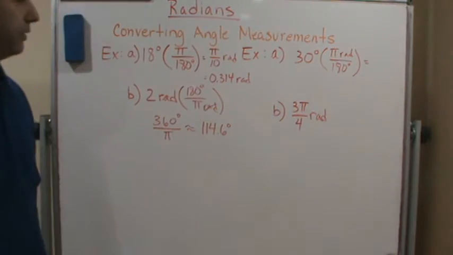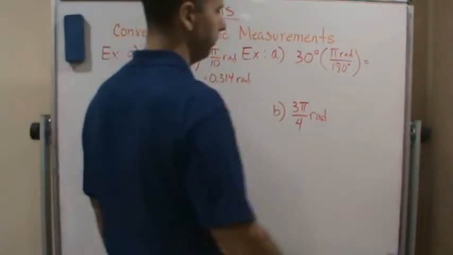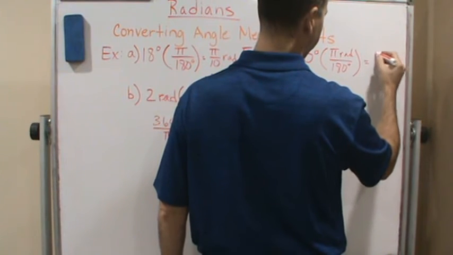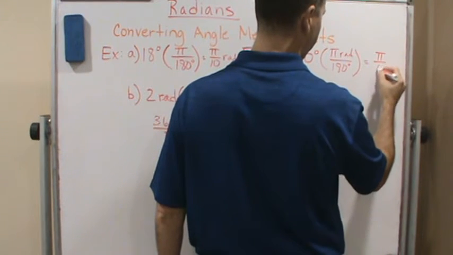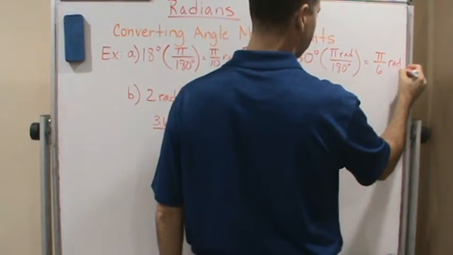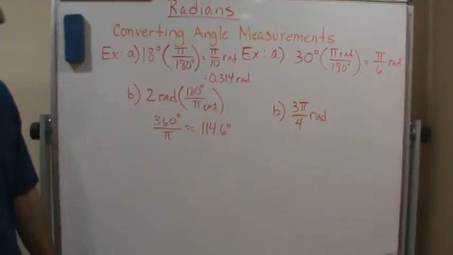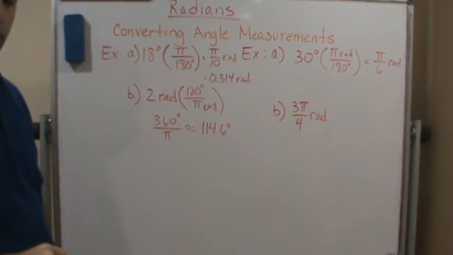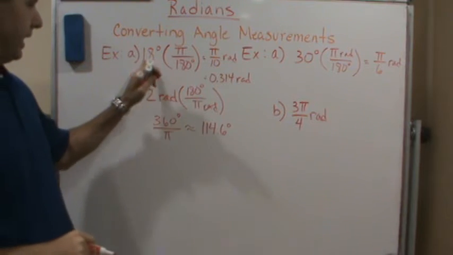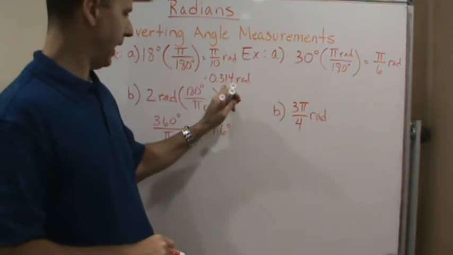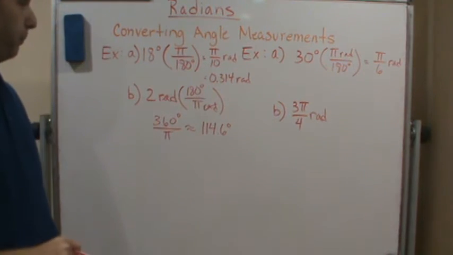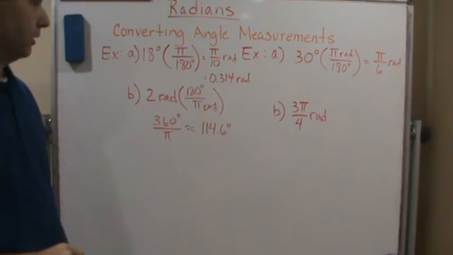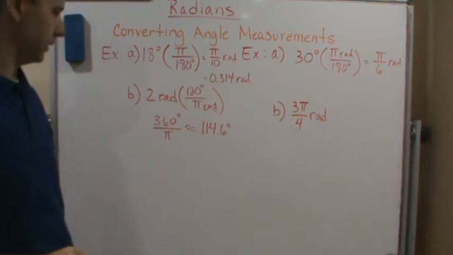And so this is going to give me pi over 6 radians. Okay, so 30 degrees is the same as pi over 6 radians, just like 18 degrees is the same as approximately 0.314 radians, or pi over 10 radians.